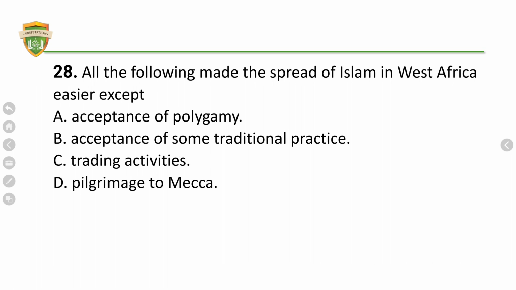The answer is D, pilgrimage to Mecca. I told you from the beginning, it accepted polygamy, accepted some traditional practices. At that time, they were practicing alongside Islam, alongside the traditional practice. Trading activity, it was through the trade in the Sahara that Islam came through. So D is the answer.